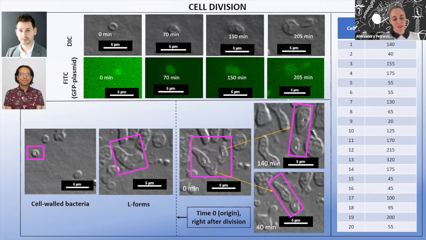Those division events resembled previously described irregular shape perturbations leading to asymmetrical scission and generation of a heterogeneous population of meropenem-resistant L-forms. We measured that the duration of the L-form cycle was on average 111 minutes with a standard deviation, which was huge, around 77 minutes.